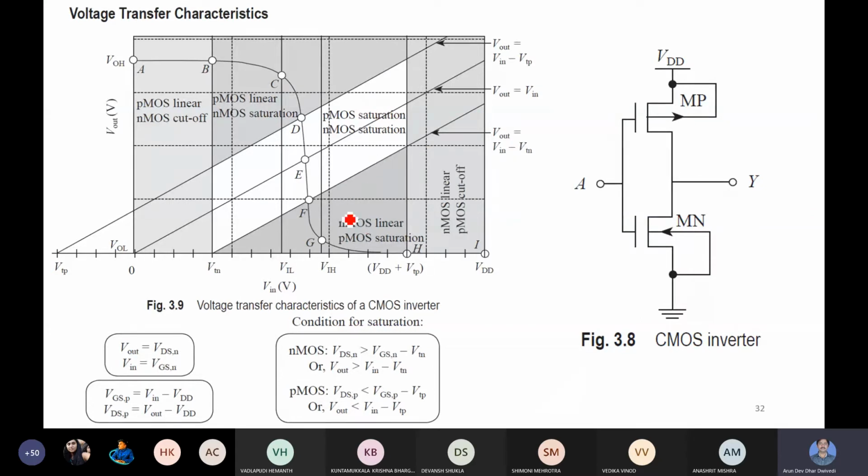As shown in the graph, the NMOS is in linear region here, but if you go above this line, the NMOS is in saturation region. In the white portion, the NMOS is in saturation region; in this portion, the NMOS is in linear region.